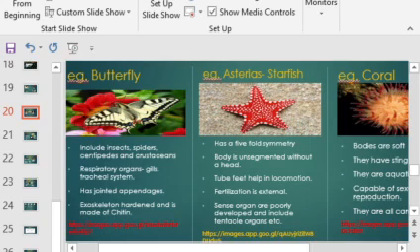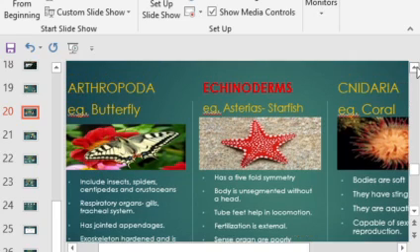So we move on to another example, echinoderms. So we have a starfish here, which another name for it would be the asterias. That's a group within itself of the echinoderms. So as we can see here, it has five-fold symmetry, body is unsegmented without a head, two feet, which helps in locomotion, so moving about in its habitat.